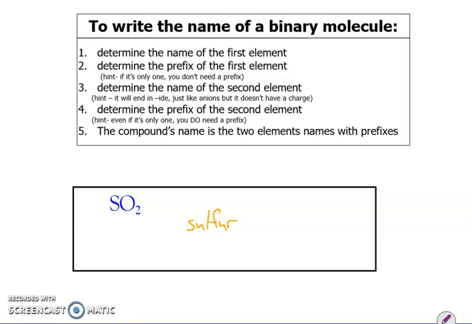The second part is the O, which is oxide, and there are 2 of them. The prefix is di. So it's going to be di with the anion, or the second part name: dioxide. So SO2 is sulfur dioxide.